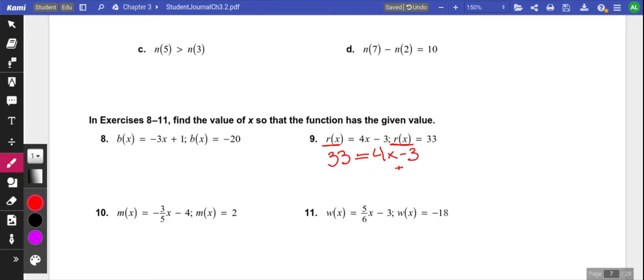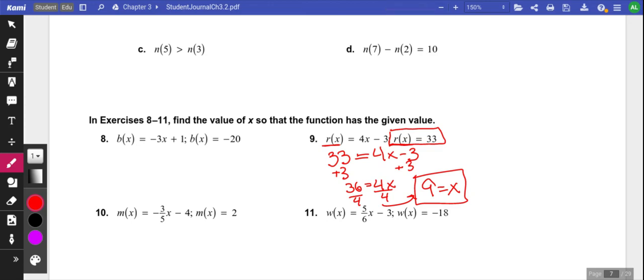I'm going to add 3 to both sides. This is just a two-step equation now. So 36 equals 4x. Divide by 4, and I get 9 is equal to x. So when you get something like this where it says r of x is equal to 33, that's when you know, I'm not plugging this in for x. I'm plugging it in for this and trying to find what x is.